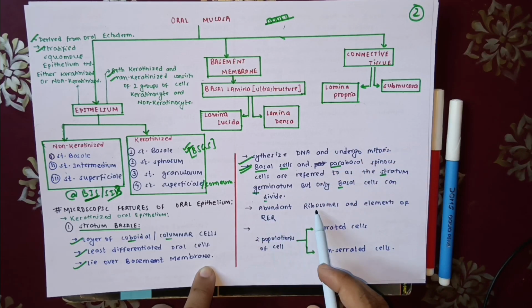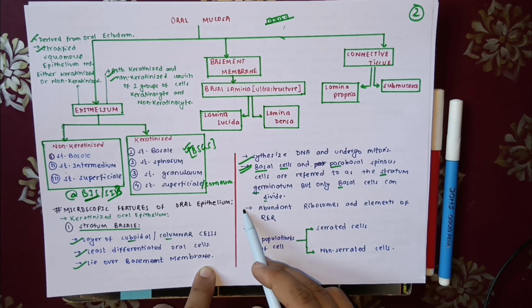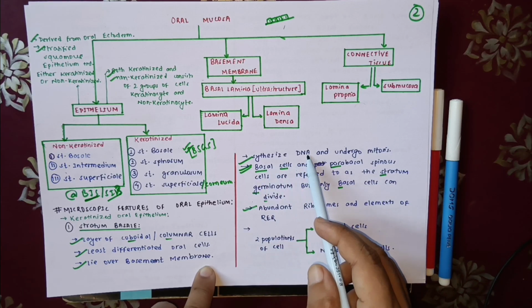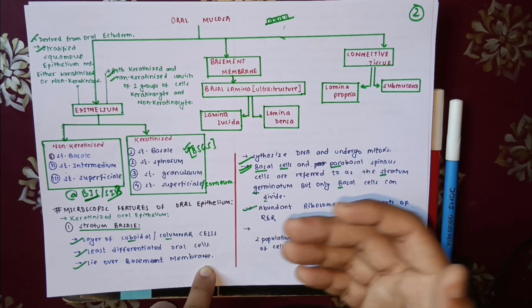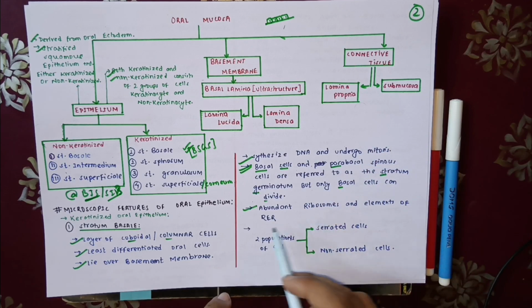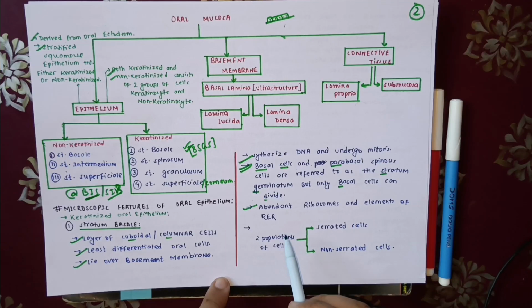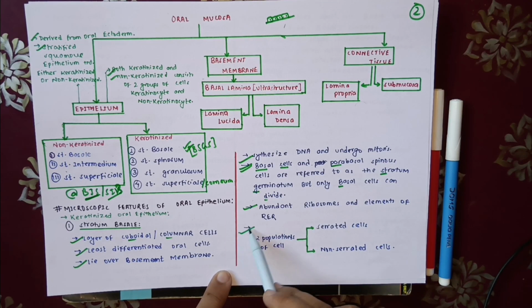After that, abundant ribosomes and elements of RER are present here. As they are synthesizing DNA, undergoing mitosis and secreting proteins, there must be abundant ribosomes and rough endoplasmic reticulum.